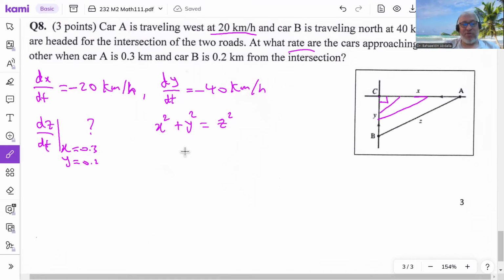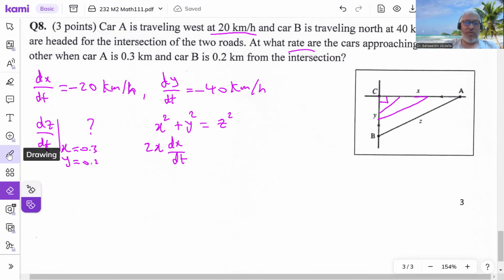Now I can have a relation between the rates. I find the derivative of this equation with respect to t, where x, y, and z are functions of t. The derivative of x squared is 2x times dx by dt, because x is a function of t. So you use the chain rule.